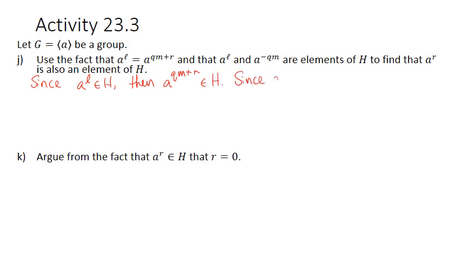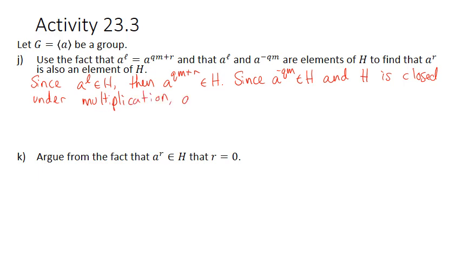Okay, and then since a to the negative qm is another element of H, and H is closed under multiplication, that means that a to the qm plus r times a to the negative qm will also be an element of H. And I hope you remember that we learned a couple sections ago, maybe investigation 21, that if you have the same base, so you have a to some different powers multiplied together, a is always going to commute with itself, so we can just combine those exponents together.